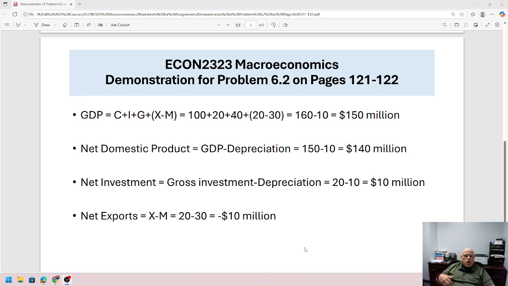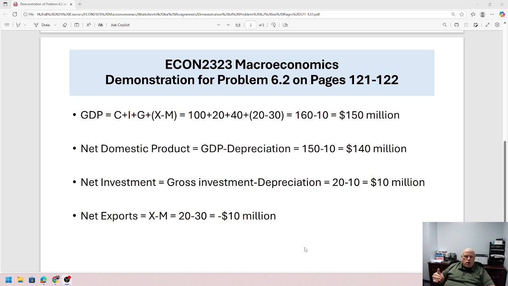So for example, GDP, as we found out in chapter 6, is the sum of consumption, investment, government purchases, and net exports, which would be exports minus your imports, okay?